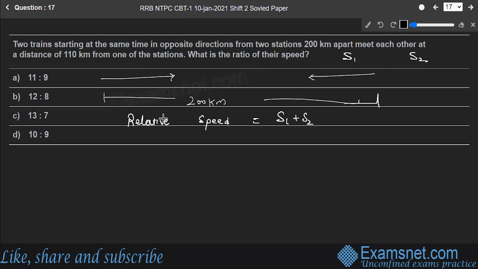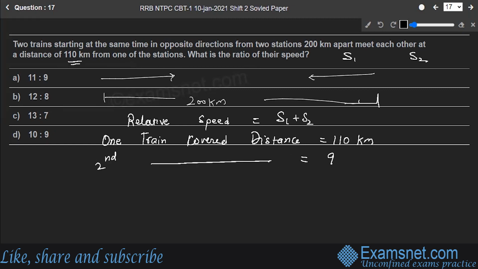If both trains crossed each other at 110 kilometers distance from one point, then one train covered 110 kilometers distance and the second train covered 90 kilometers. Then only they make a sum of 200 kilometers.